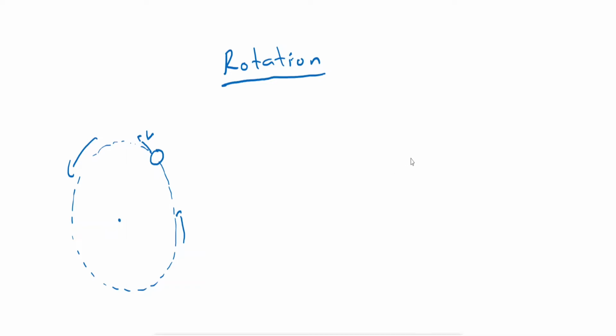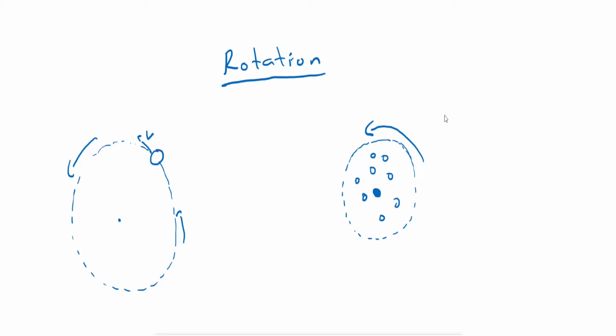However, when it comes to rotation, you're looking at the whole body. The whole body is rotating, meaning that each and every mass in this body is moving in a circular manner. When you break it down, it is just rotating about this point.